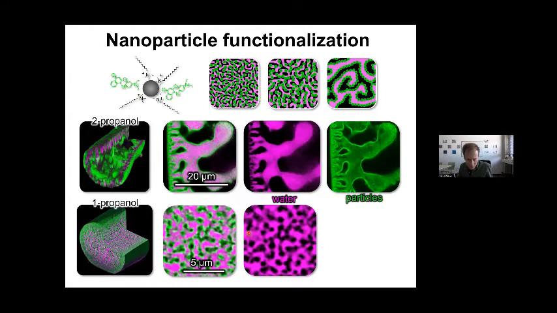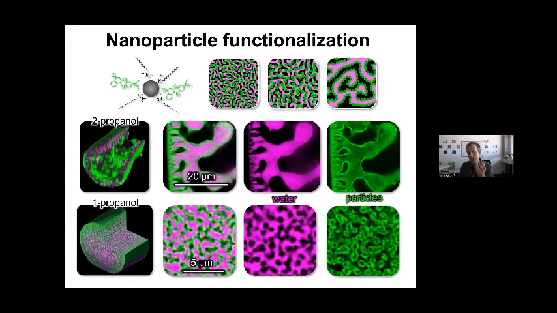You see the green fluorescence is in the black region. That means the particles are in the oil. So it seems that for 1-propanol, the particles partition into the oil during the phase separation, and for 2-propanol, the particles partition into the water during the phase separation.